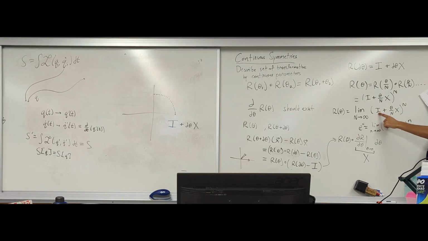Okay, so you can use this thing from real number stuff as a motivation to say that the identity we can say is like 1. Then this X is like this transformation, or you can think about theta X rather.